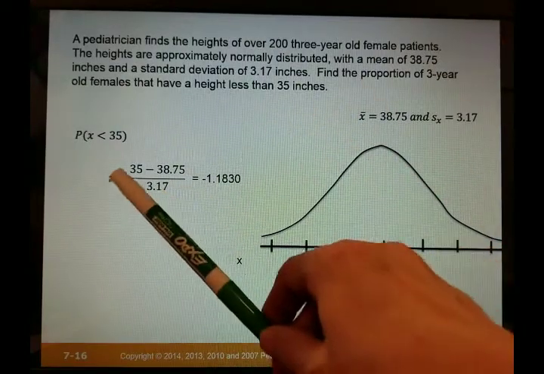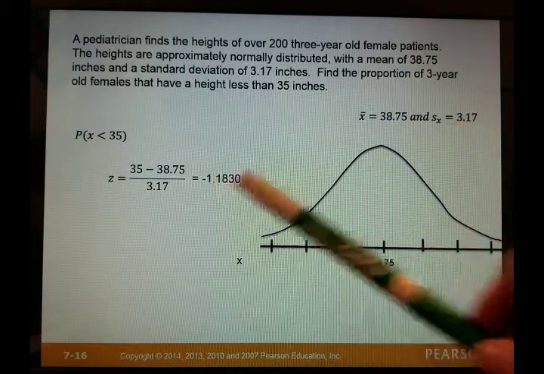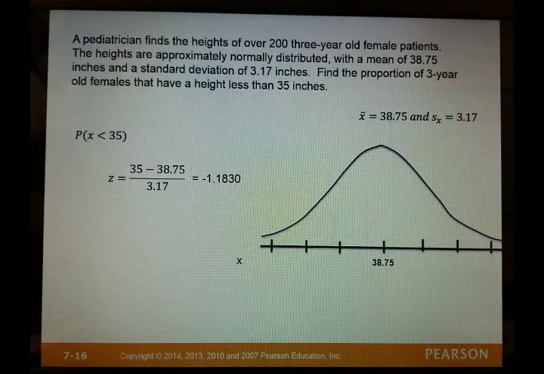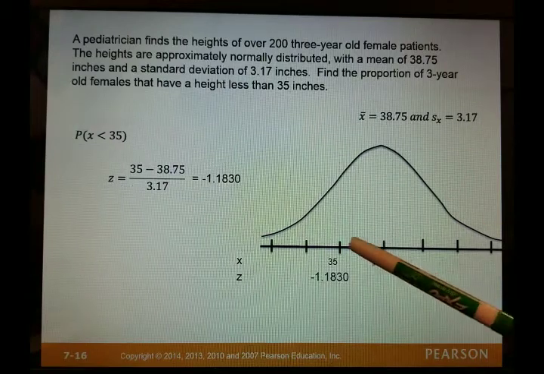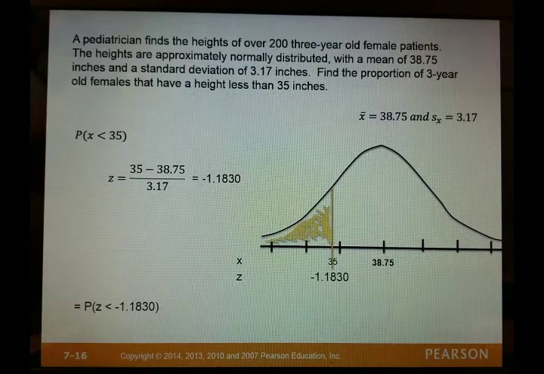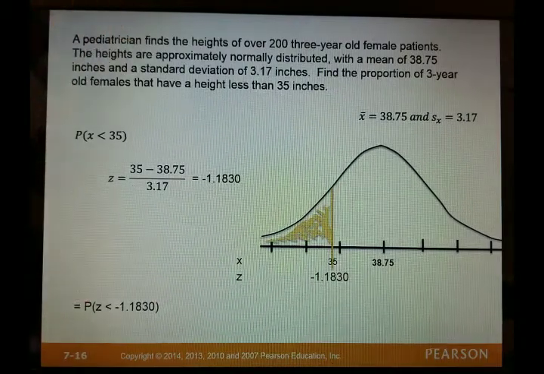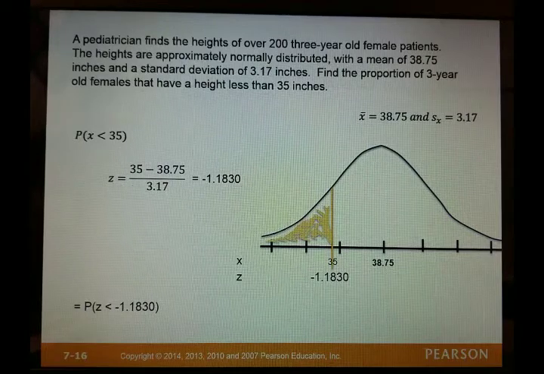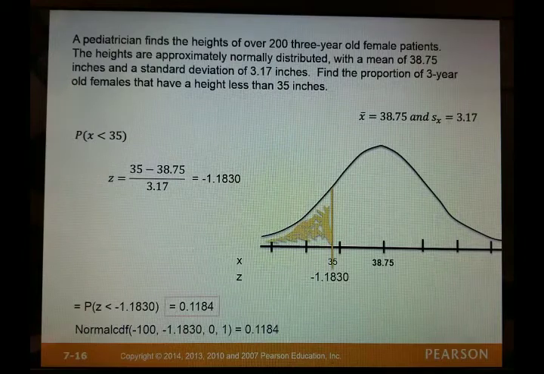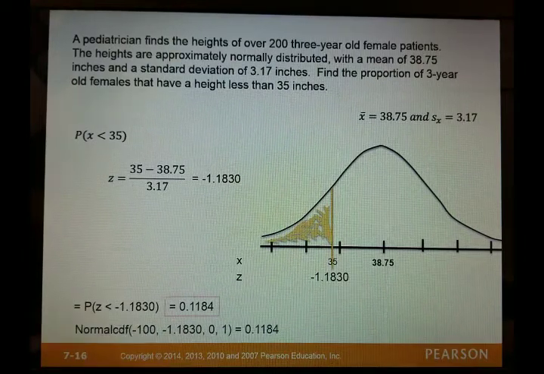I took 35 minus this mean of 38.75, divided by the standard deviation, and it gave me a z-score of negative 1.183. So I know it's just barely past one standard deviation below. Now we want the proportion of 3-year-olds with a height less than that, so I would want the area from a z-score of negative 100 to that z of negative 1.1830. To get the area, that's the normal CDF. So we go to second distribution, and you choose normal CDF from a z of negative 100 to a z of negative 1.1830.